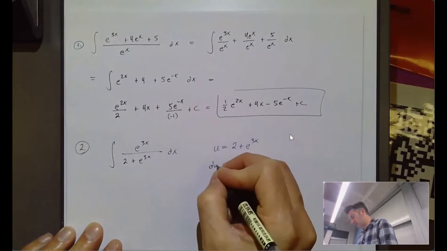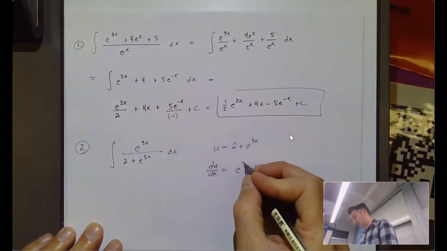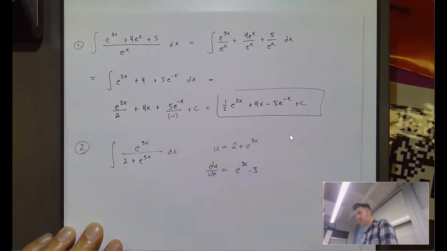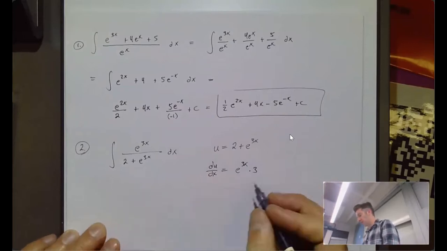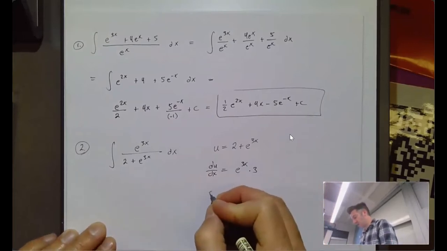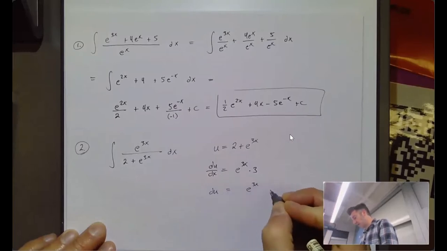And my du dx, the derivative of e to the 3x is e to the 3x times 3. I do want to remind everyone, because I think it gets forgotten after a while, that when you're finding du, you're literally just finding the derivative of what you've chosen for u. And then we usually put an x over here. Again, there's many ways of doing this. I like to make it so that my right-hand side looks like what I have in my integral.